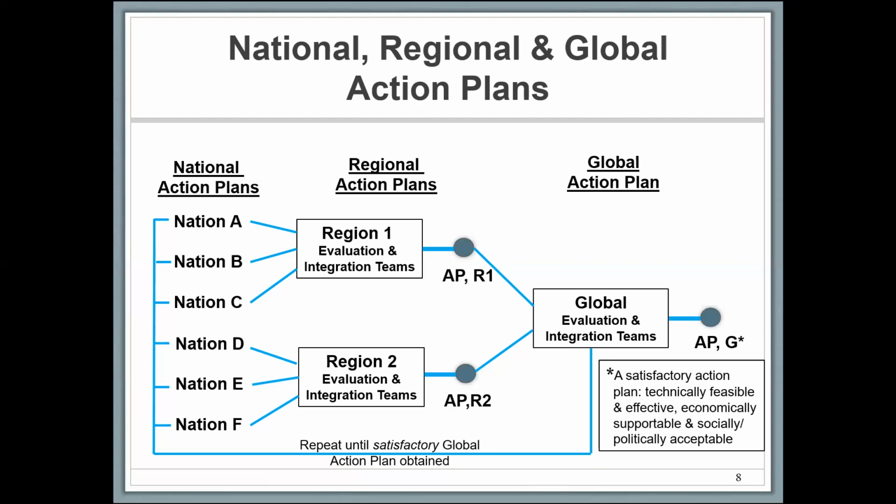If the global action plan does not initially meet these goals, then each nation will revise their action plans and the process repeated until a satisfactory global action plan is arrived at. This iterative approach will keep each nation in charge of its own action plan while allowing nations to determine if their total efforts will successfully overcome global warming at the scale of Earth.